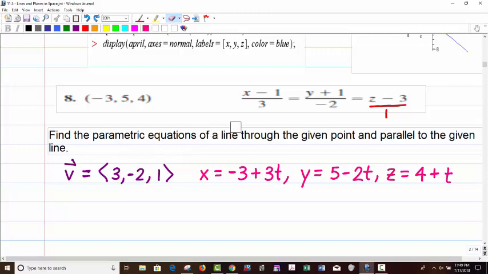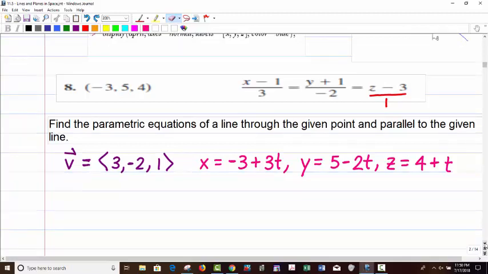And your point is negative 3, 5, 4. So you can just go negative 3 plus 3t from the direction vector, 5 minus 2t, and then 4 plus t. And that will be your parametric equations of the line, starting with that symmetric form.